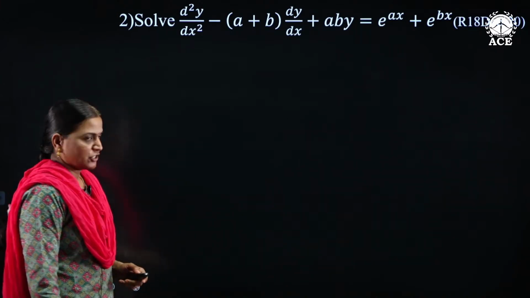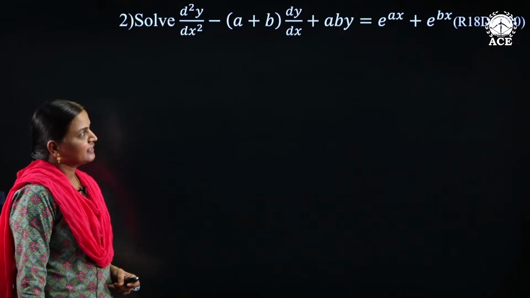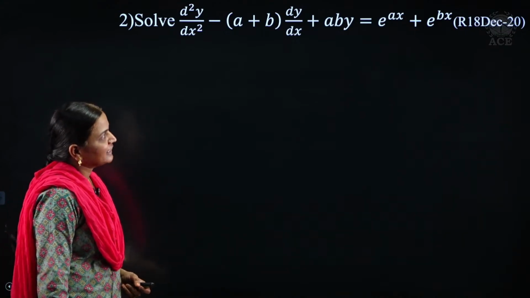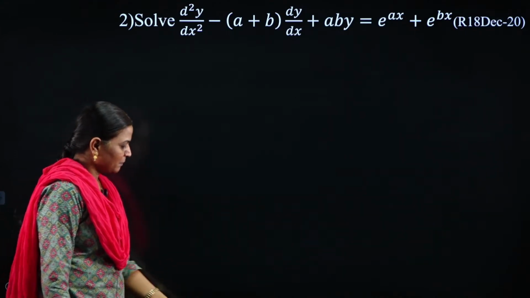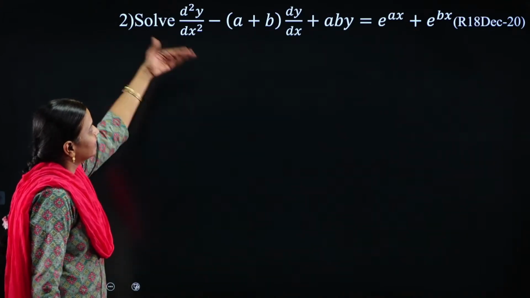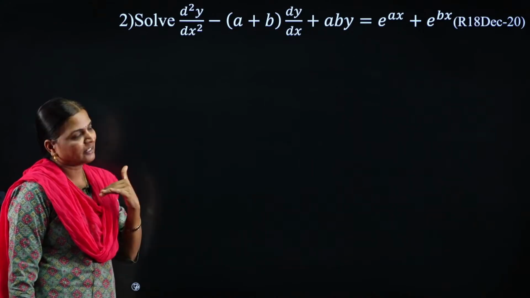Okay, next question. Solve d square y by dx square minus (a plus b) into dy by dx plus ab into y is equal to e power ax plus e power bx. Okay, first write the given differential equation in operator form for our convenience.